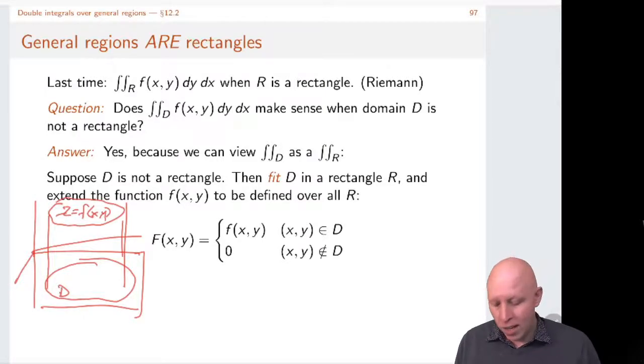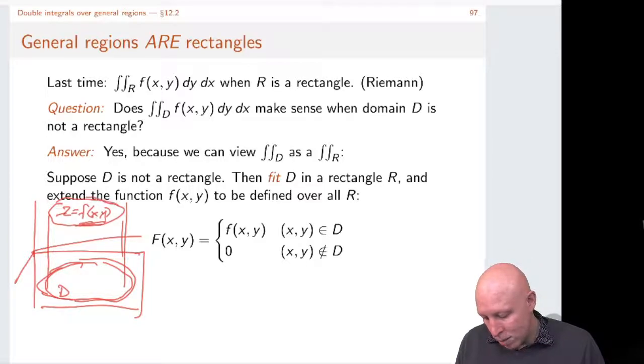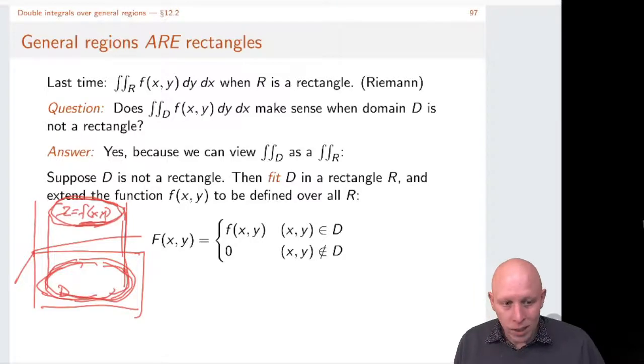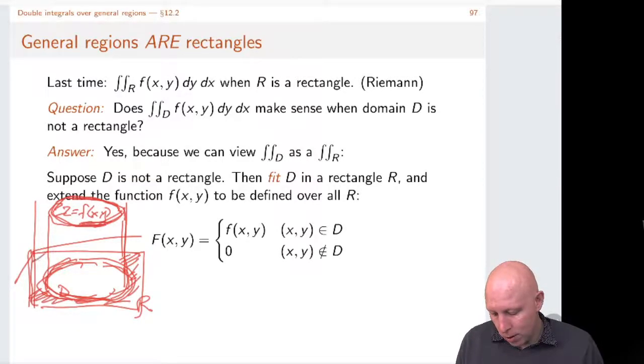What we'll do is take this function that's defined on our domain D and extend it to be defined over the whole rectangle by saying the function is going to be equal to f of x, y when we're on D, but then it's going to be equal to 0 outside of D. So in essence, we now have a function that's defined everywhere on this rectangle. When it's in D, it's equal to that other function that we cared about. When it is outside, our function is equal to 0.